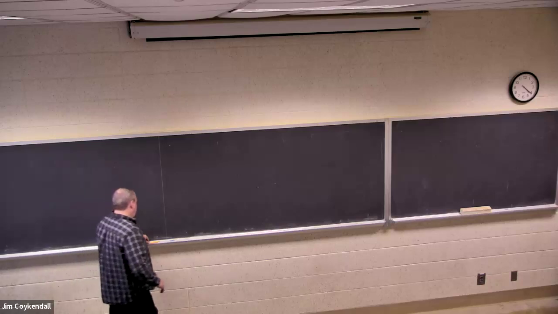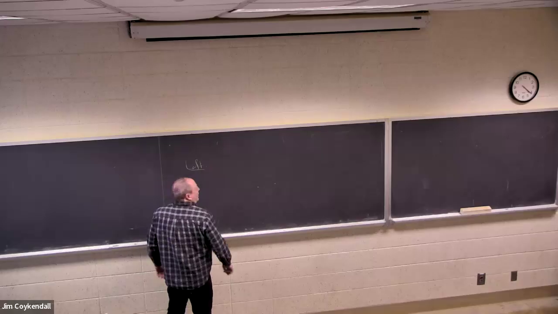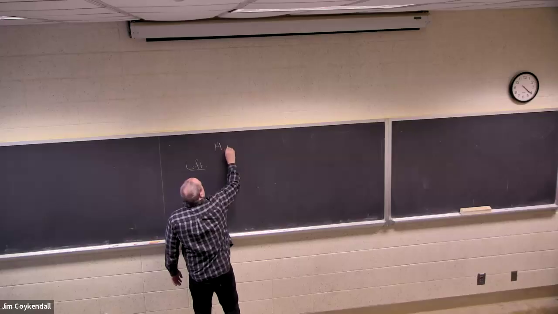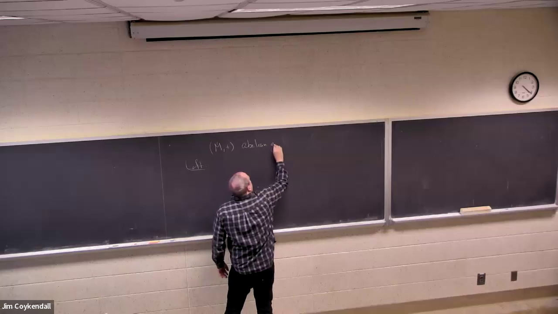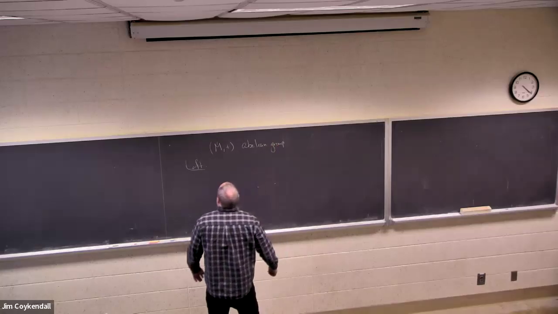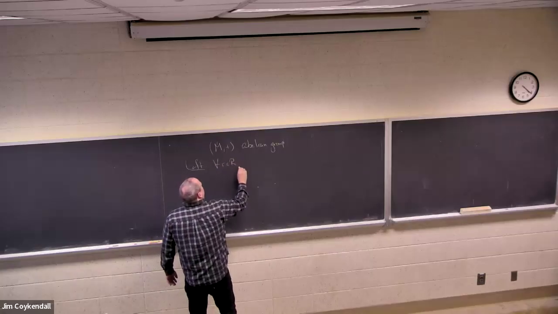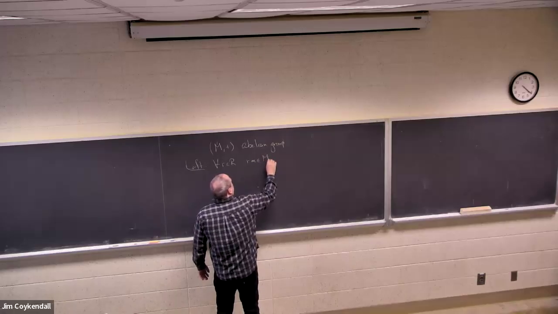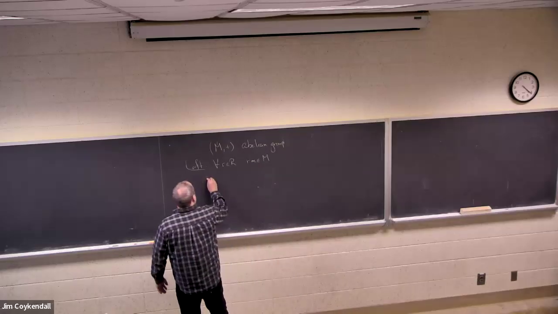So what it means to be a module is, okay, it's an abelian group, right? Left means that for all r and m, the action is defined, and it obeys the rules.